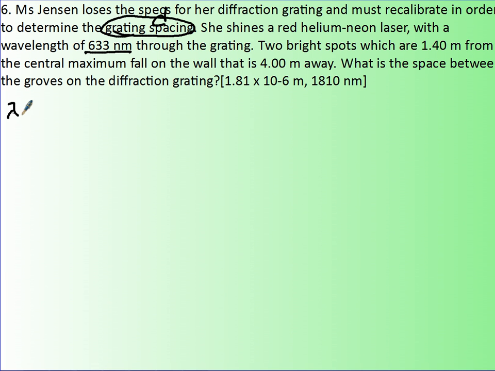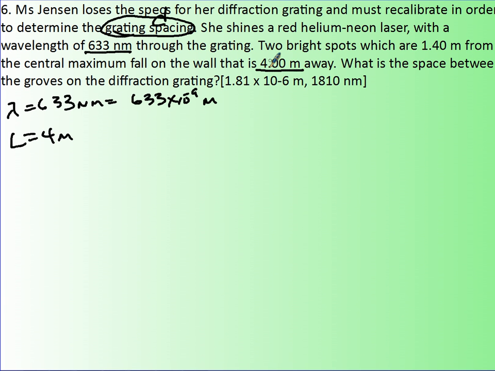So lambda is 633 nanometers, which is 633 times 10 to the negative 9 meters. You're going to do that conversion. The wall is 4 meters away, so L is 4 meters.